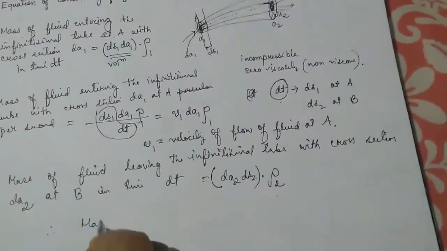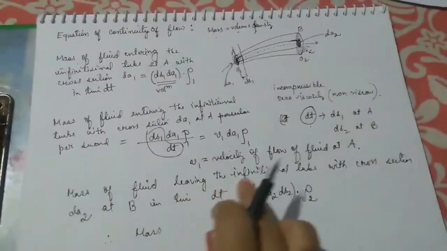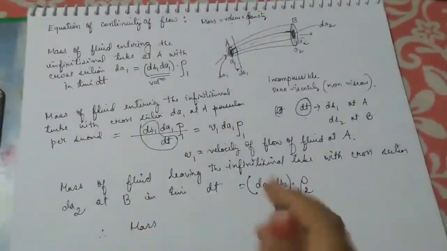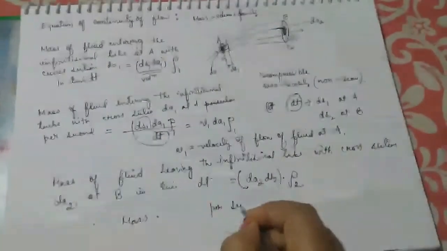And the density here, suppose, is rho2. Similarly, I will not write the whole of this again. So the mass of fluid leaving the infinitesimal tube with cross section dA2 at B per second is equal to what?